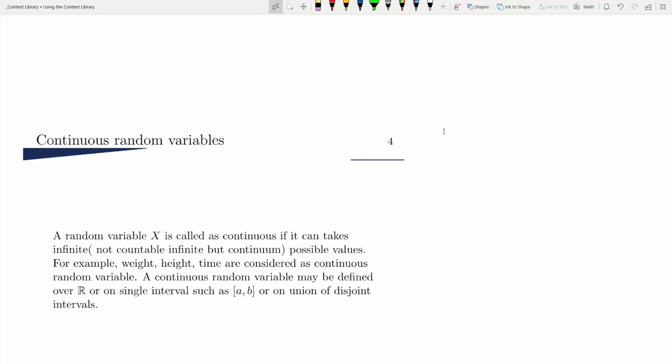So basically remember that a random variable is a function from the sample space to, in this case, real numbers, or you can say a to b, some interval or union of disjoint intervals. So if that happens, then the random variable X is called continuous.